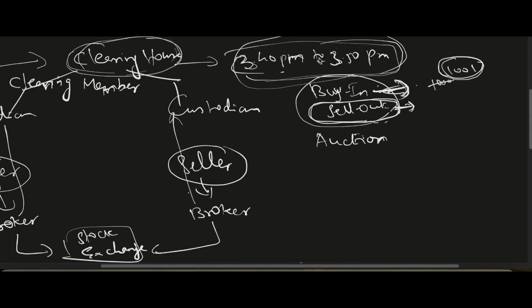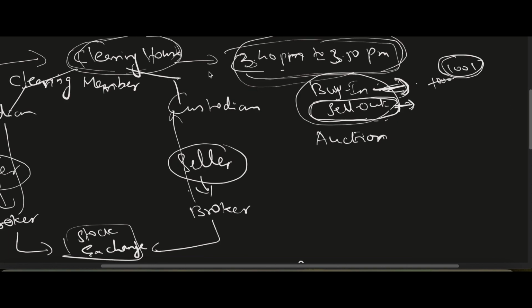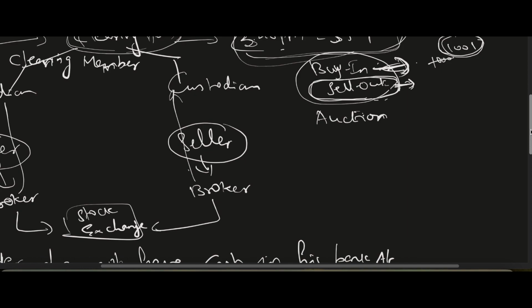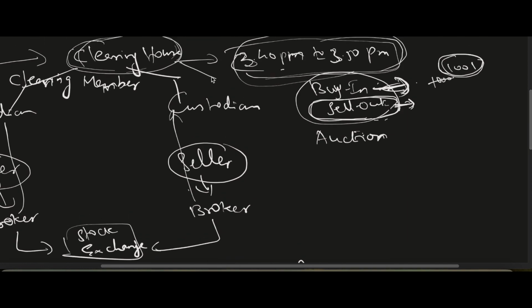So all this amount will be charged from the broker, and they will also penalize the broker for the failed trade. That's how the clearing house will handle this deal, and then it is between the broker and the buyer and seller.